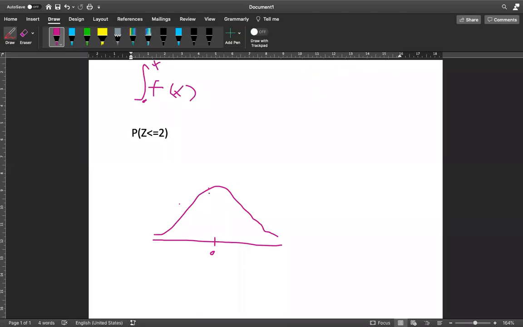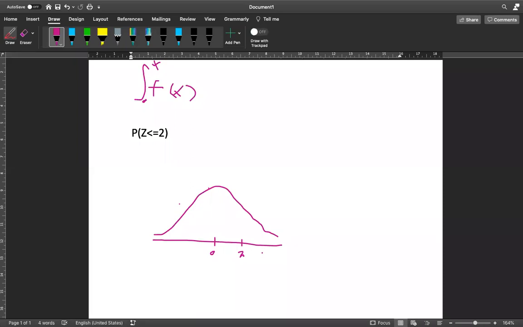Okay, so we have this, isn't it? Now, if 0 is in the middle of the distribution, where do you think the value of 2 would lie? Would it lie to the left of 0 or to the right of 0? To the right of 0. That means 2 will be somewhere here, isn't it? Yes. Very good.